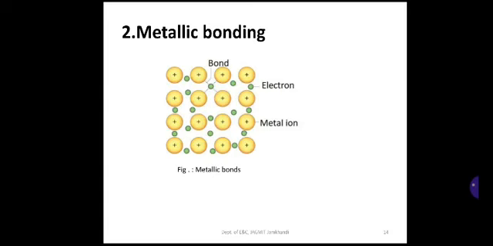The forces holding the lattice together arise from an interaction between positive ion cores and surrounding free electrons. So this is one type of metallic bonding. The electrons in the metal are free to move about the crystal under the influence of an electric field. Whenever you apply an electric field, the electrons move very easily. So the electrons are responsible for carrying the current in metals.